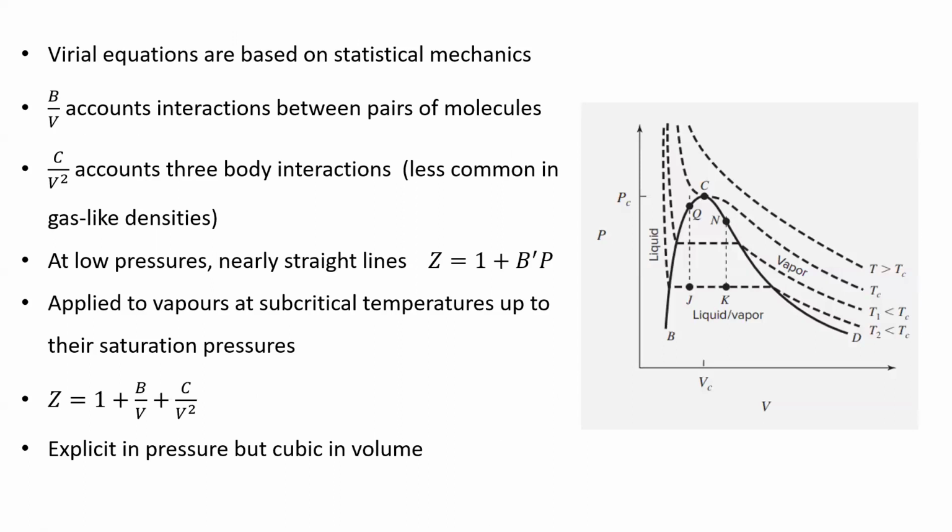Many people have worked on expressing these things, fitting them into an equation for different states. But the real equations are derived based on statistical mechanics, like the two body interactions inside a gas and three body interactions. All these have been considered to come to these virial equations.